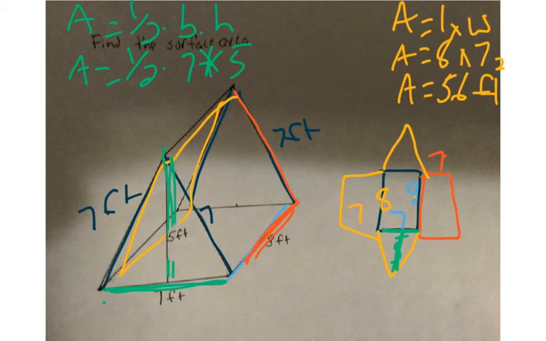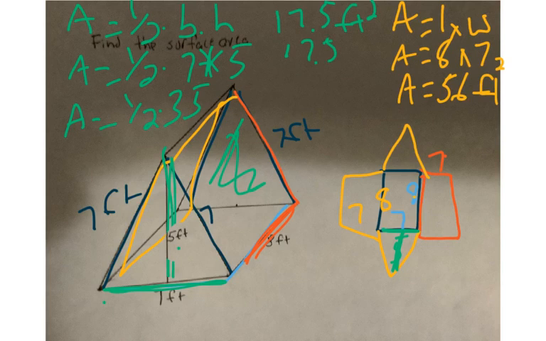Okay, so now we have half of 35, or 1/2 times 35, which means each one is 17.5 square feet. Well, honestly, we're just going to add those two back together because we have two of them. And since half of 35 is 17.5, when we add those two together, we get 35.